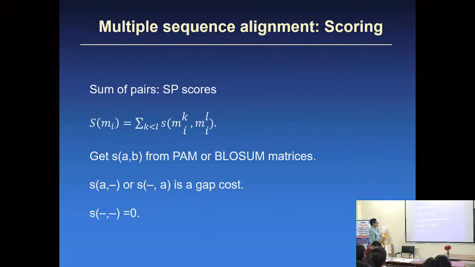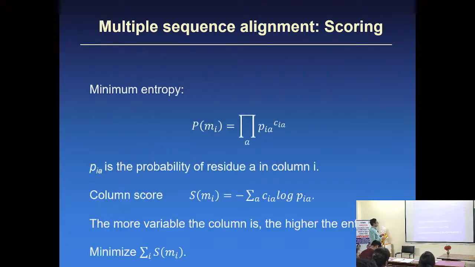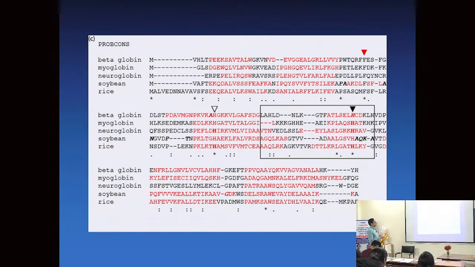This is also a simple approach where you consider all pairs for each column and look for their scores in the BLOSUM matrix. Again, consider this column and all pairs: G aligned to K, G to R, G to A, G to R, then K aligned to R, K to A, K to R, R to A, R to R, and A to R. For each of these pairs, you look up the score in the BLOSUM matrix and sum them up.